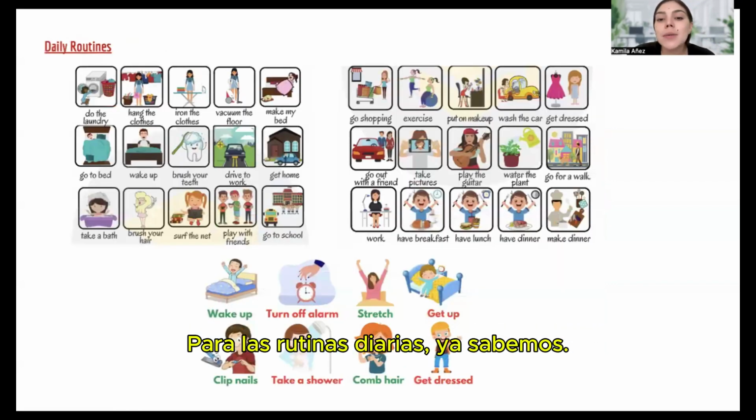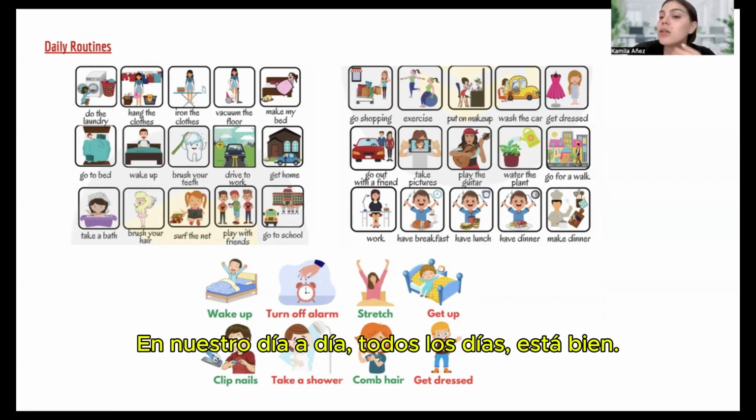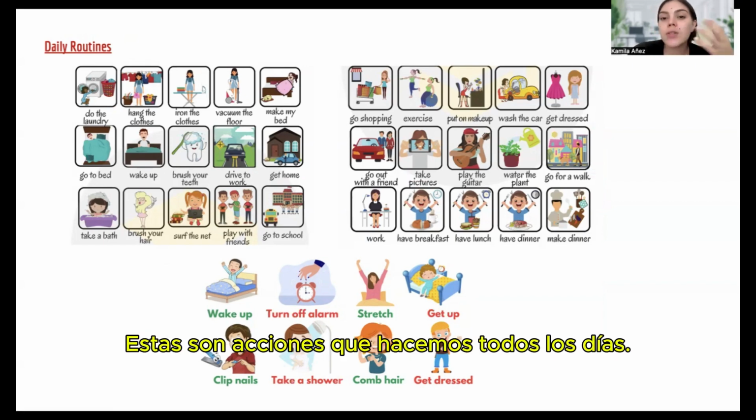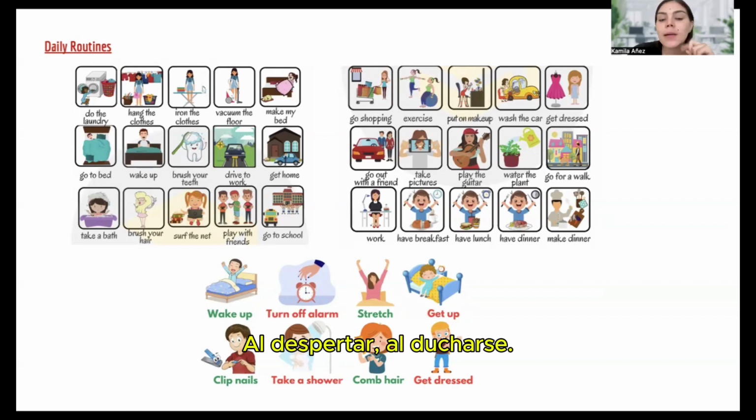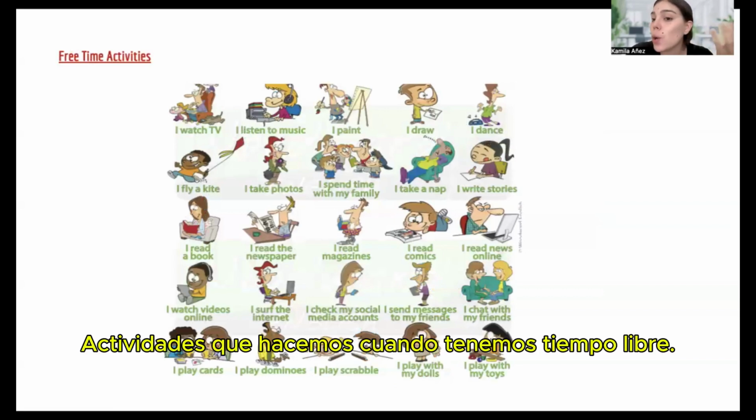Okay. For daily routines, we already know the daily routines are the routines we have to do in our everyday. Okay, so these are actions that we do every single day, such as wake up, take a shower, get dressed, get up. Free time activities are the actions or activities we do whenever we have free time.